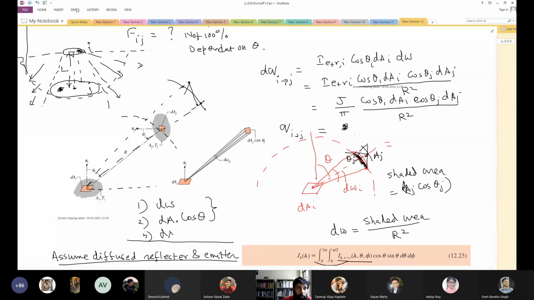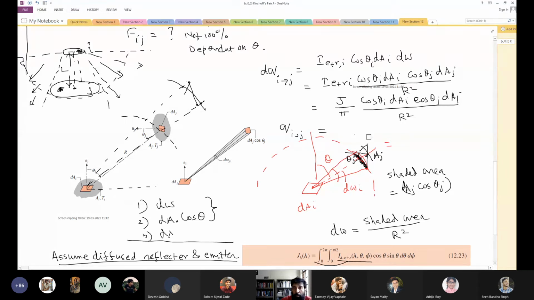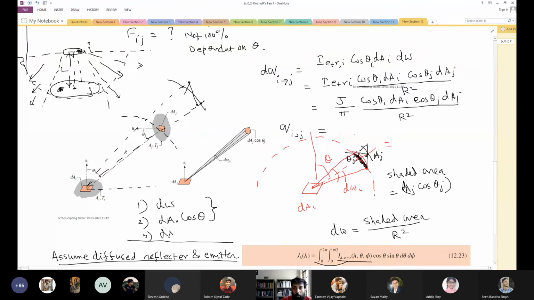So let me put it here initially. So we integrate over Ai and Aj, J cos theta i cos theta j dAi dAj over pi r square.